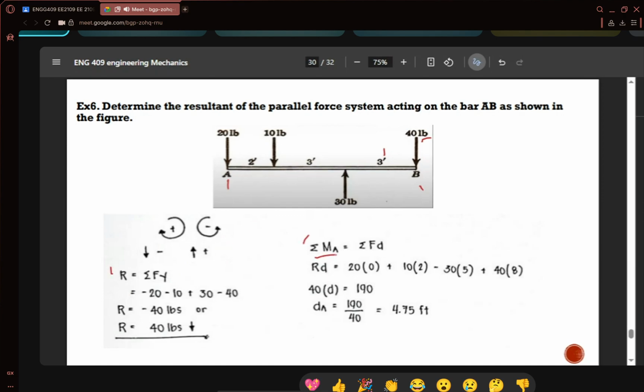So that's the purpose of the summation of moments. Okay, so we first do the magnitude and direction actually. Since we're dealing with parallel forces here, again, it's usually only vertical or horizontal. So our resultant will be the summation of forces y, since we're dealing with vertical forces here, right?